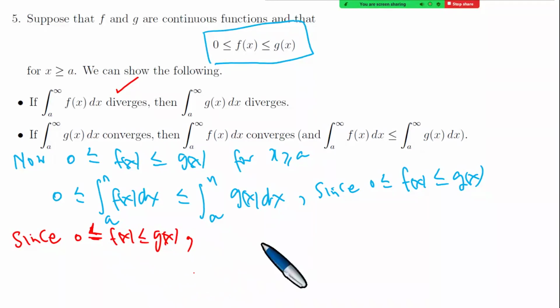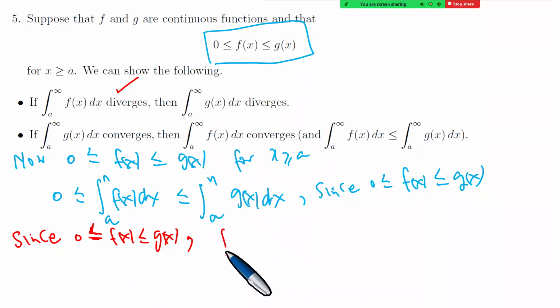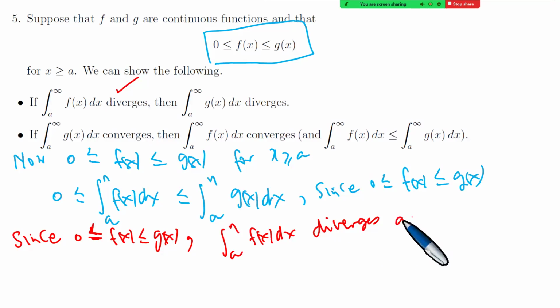Since this is the case, we come to this: the integral of a to n f of x dx diverges as n approaches infinity.